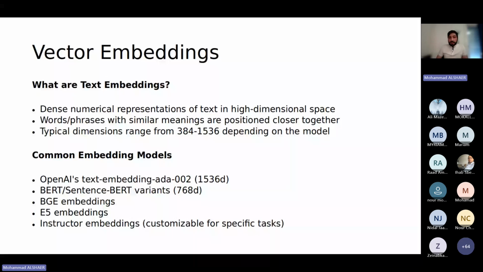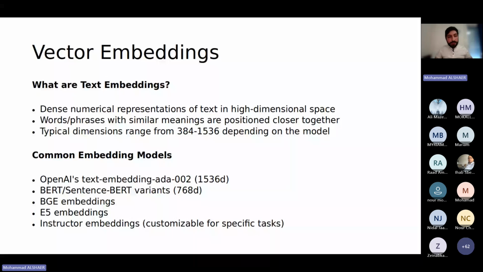Words and phrases with similar meanings are positioned closer to each other. In a way, similar words are represented by an array of numerical values that is close to those of other similar phrases.